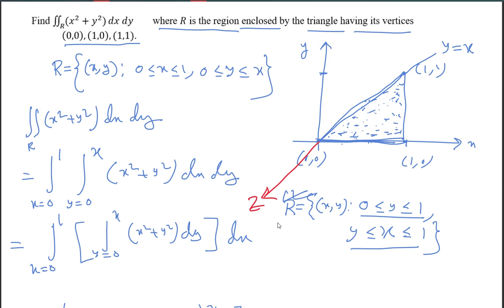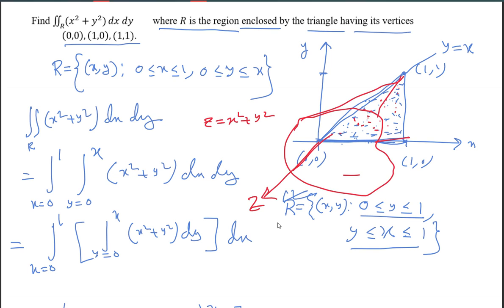If you draw the z-axis, and on the xy plane draw this region, z is equal to x square plus y square. For each xy point in this region, you get a surface over it, and then you are finding this volume.